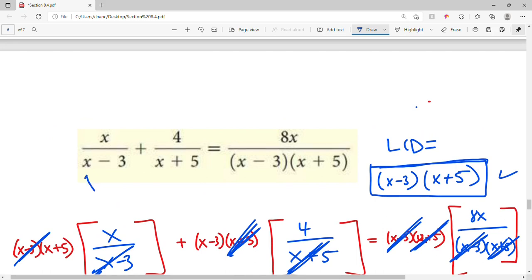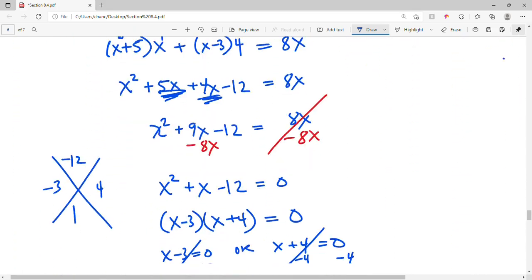If I plug in a 4, there's no problems. There's no way that the denominator is 0. But if I plug in a 3, we have a problem. The denominator here, 3 minus 3, would get a 0, and that's not possible. You cannot divide by 0. That's undefined.